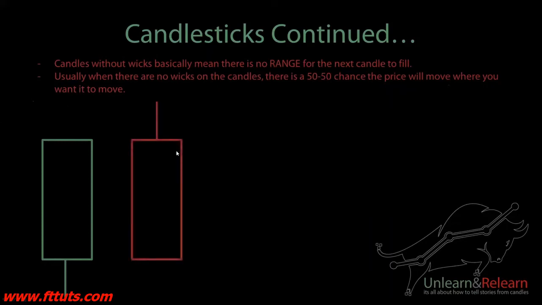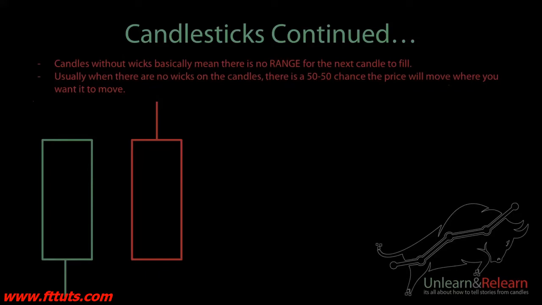Now, at the same time, let's say you have price moving bearish and the candle has no wick at the bottom. When a candle has no wick at the bottom, this means there's no range for the next candle to go down. Now there's a 50-50 chance that the next candle can go down or it may start going up. So whenever I encounter a candle with no wick at the bottom, I look at that and say, okay, there was volume there.